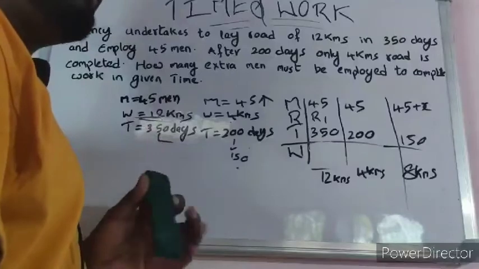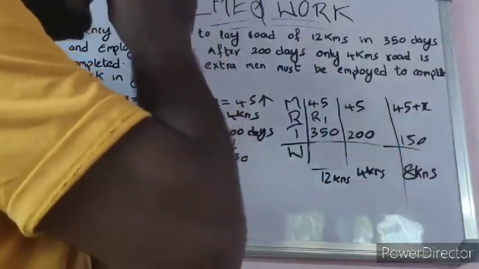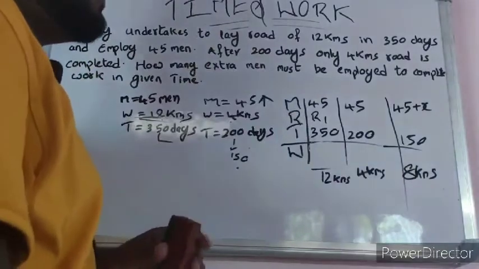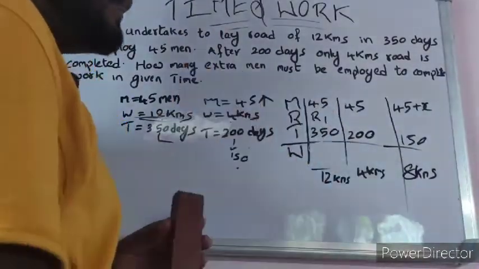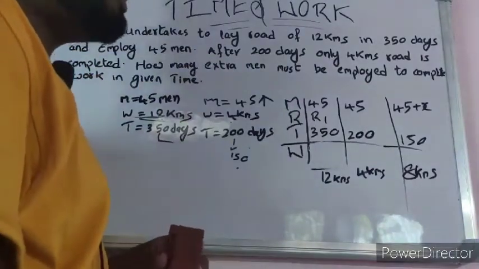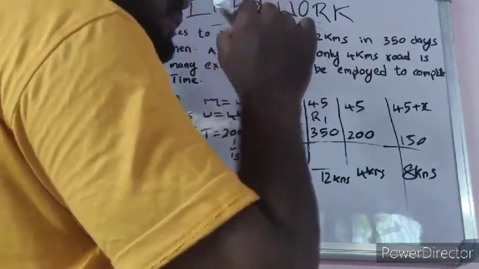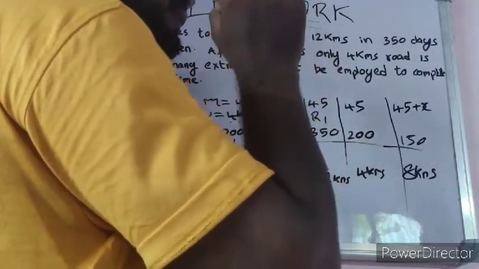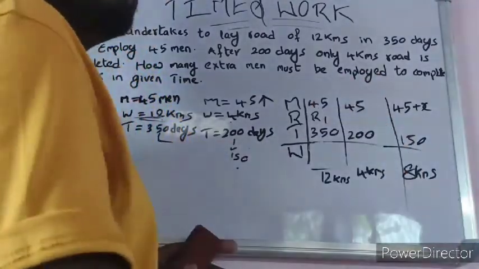can you just tell me, it was mentioned that 45 men in 350 days would complete laying 12 kilometers. But why did we fail to lay a road of 12 kilometers in 350 days, and laid only 4 kilometers in 200 days?